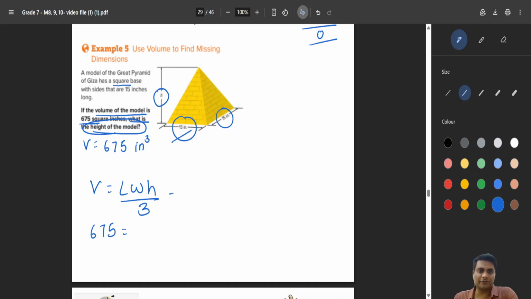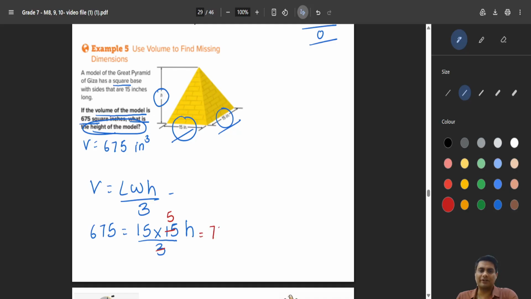The length and width is 15 and 15. So I will put 15 times 15. The height is not given. Keep it h. Divided by 3. Put divide by 3. Now boys, see. Before I multiply the 15 with the 15, I can do 15 divided by 3. 15 divided by 3, 5. Now I can multiply 15 with the 5. 15 times 5, 75.